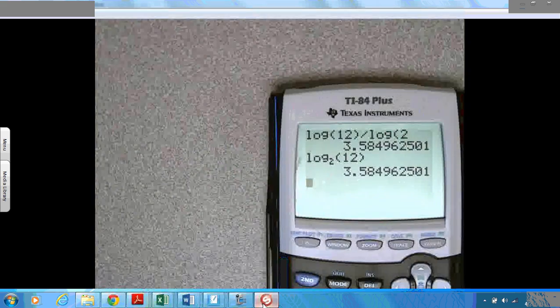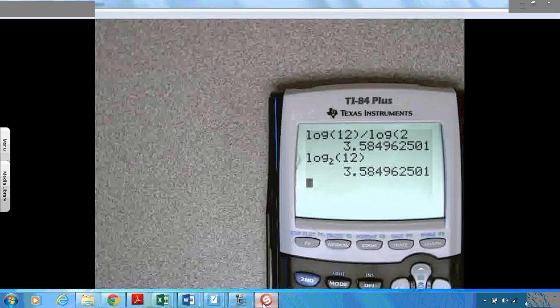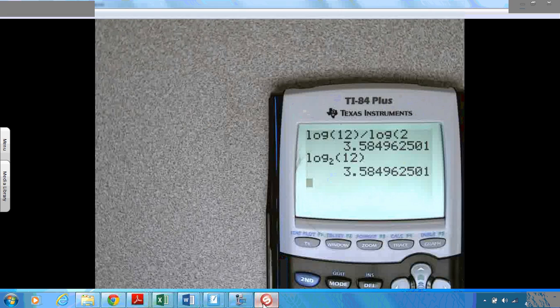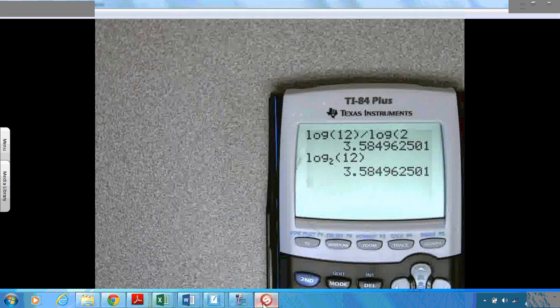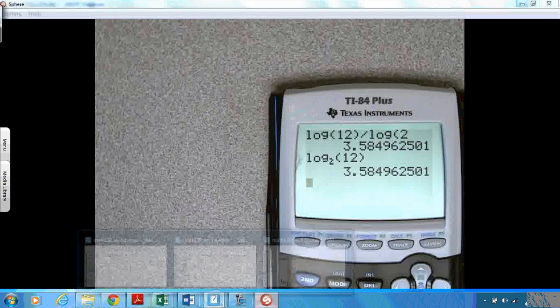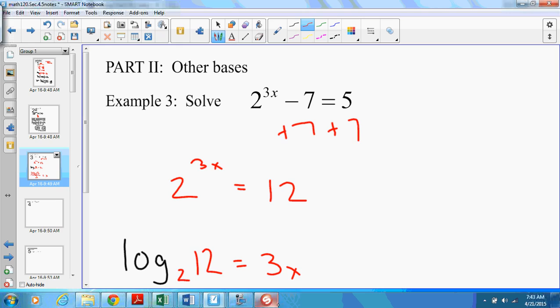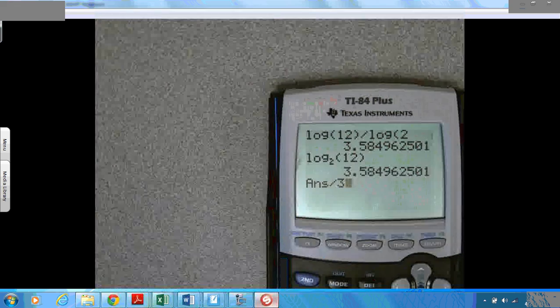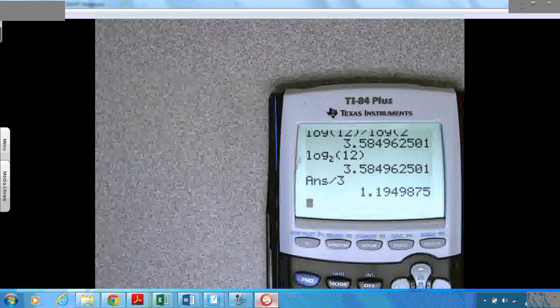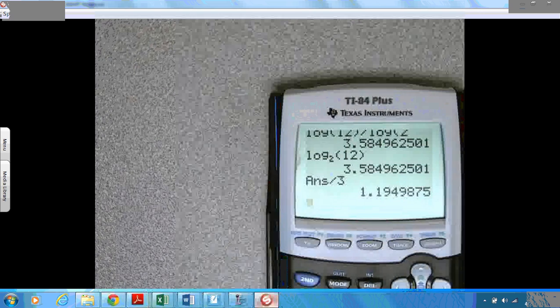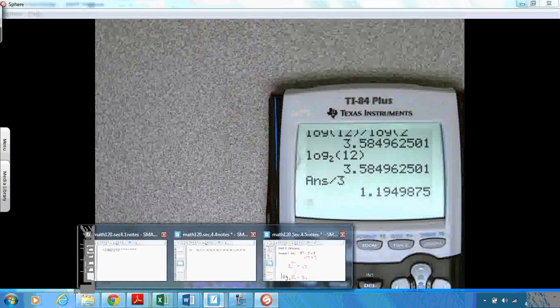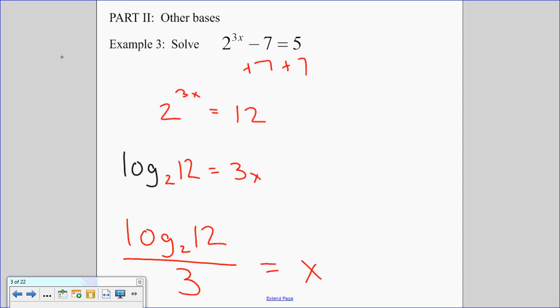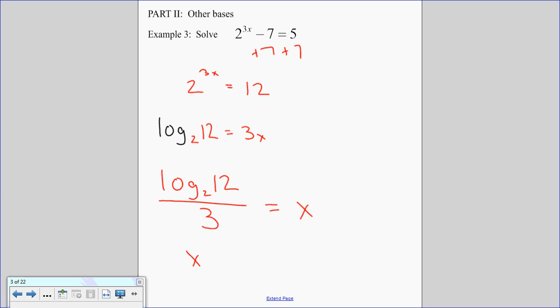Then to get the answer, I still need to divide by 3, and I get 1.2. X equals 1.2, approximately.